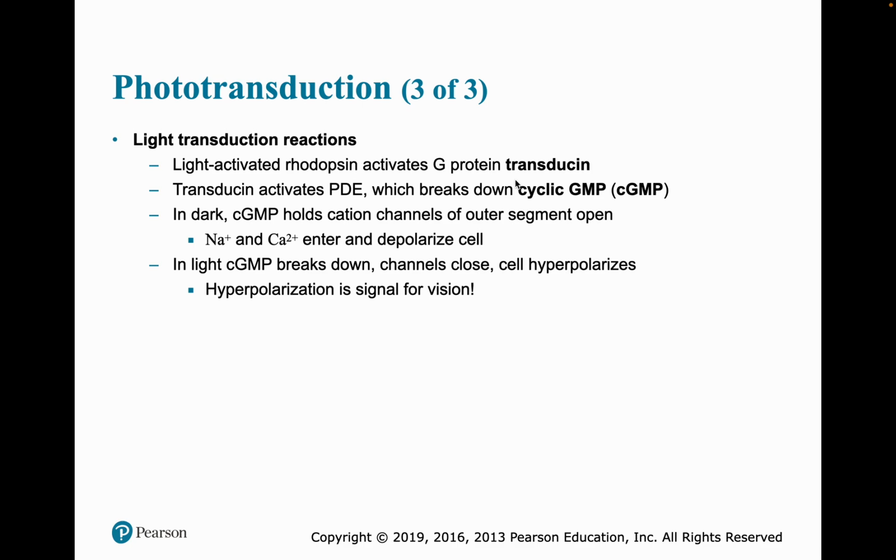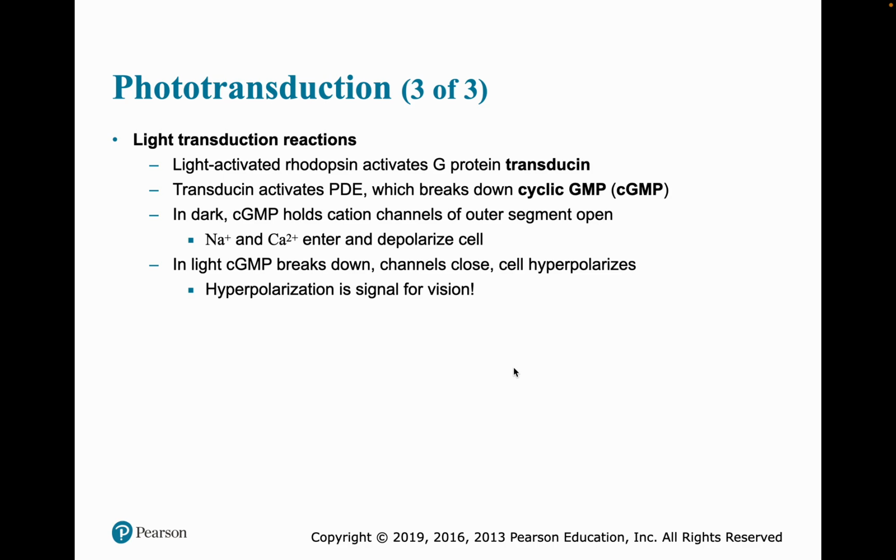So light activated rhodopsin then is going to work on second messengers that activate a G protein. This one is called transducin. Transducin is going to activate an enzyme PDE that's going to break down the cyclic GMP. In the dark, cyclic GMP holds cation channels of the outer segment open.